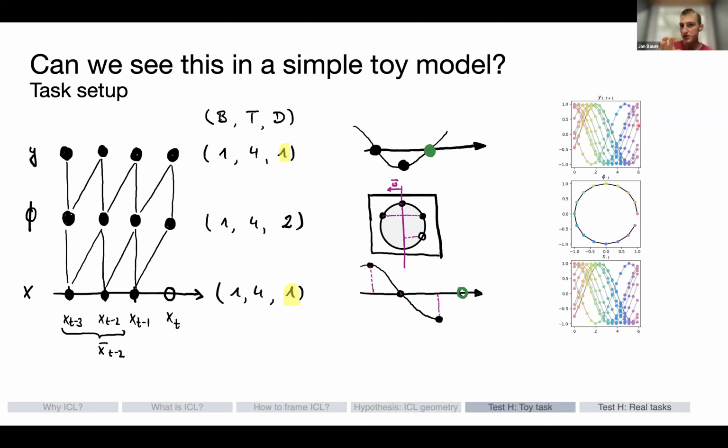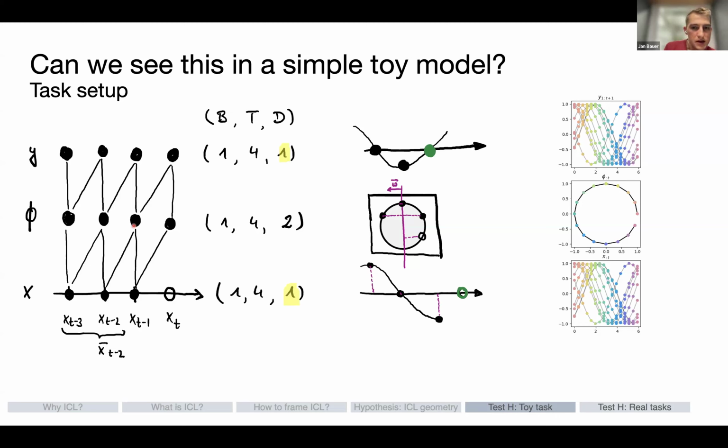And what I mean by ground truth is that it's the simplest algorithm that you could leverage to generate a sequence of sine waves. So this is illustrated here in a bit more detail: you have these points on a manifold, on the circle, and then you project them onto some plane. And these projections here will be what gives rise to the 1D sequence that we train on.